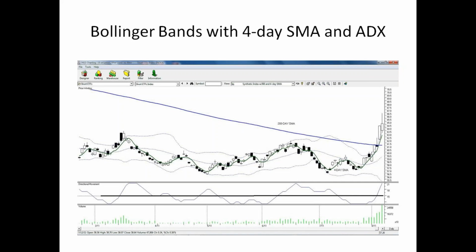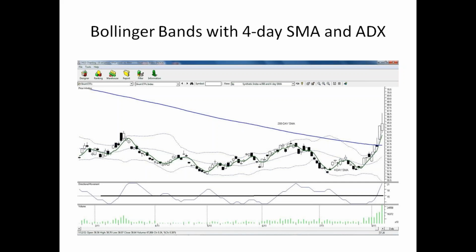No security likes to non-trend forever. The longer there's no trend, the stronger the breakout is when it comes. Because the longer it non-trends, the lower the ADX gets. If you see an ADX down around 10, when the breakout comes, and remember, it has nothing to do with the direction.